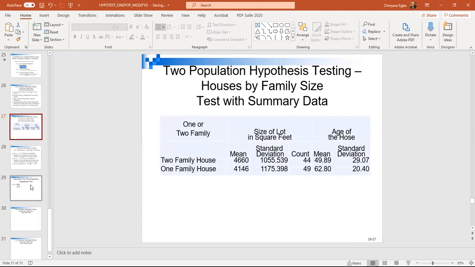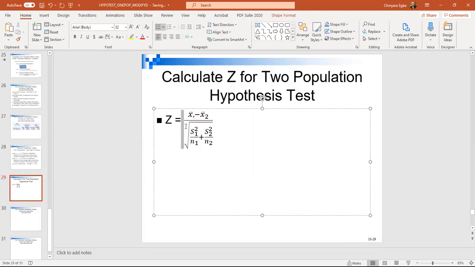X1 bar is 49.89, and X2 bar is 62.8. And here we're going to use the absolute value.